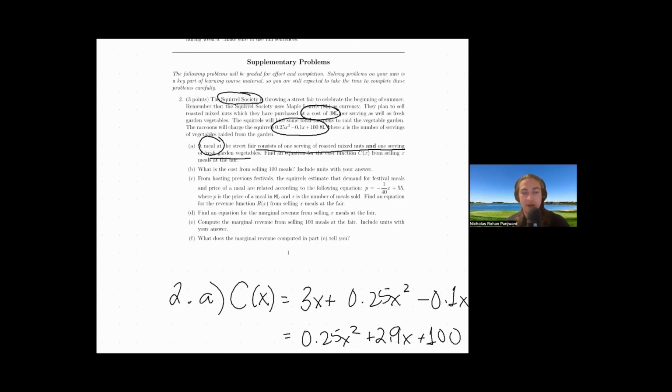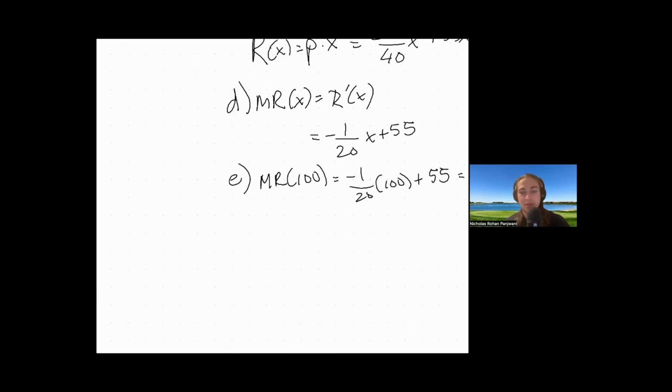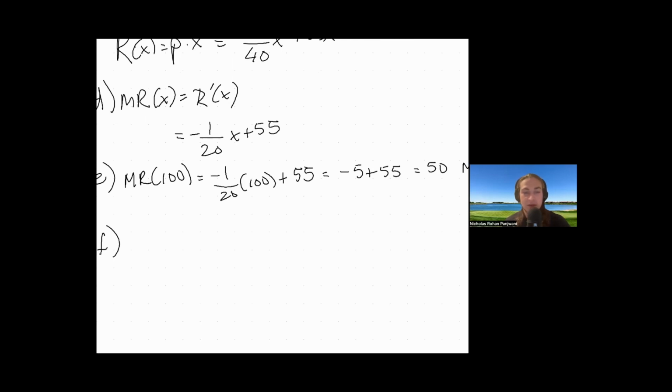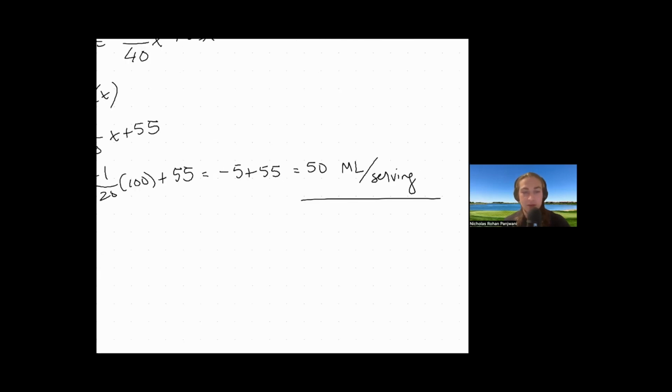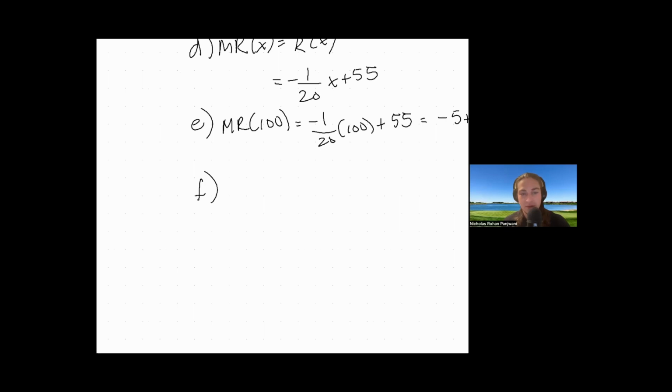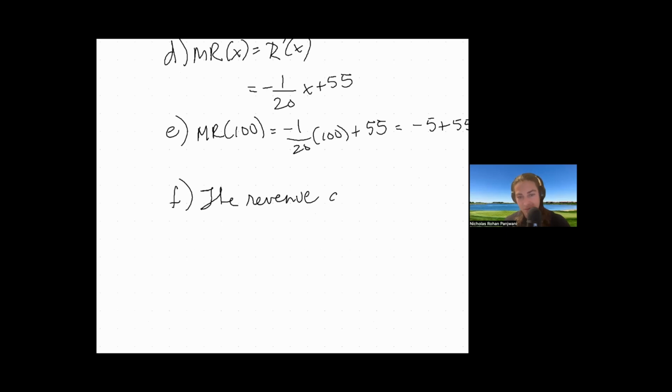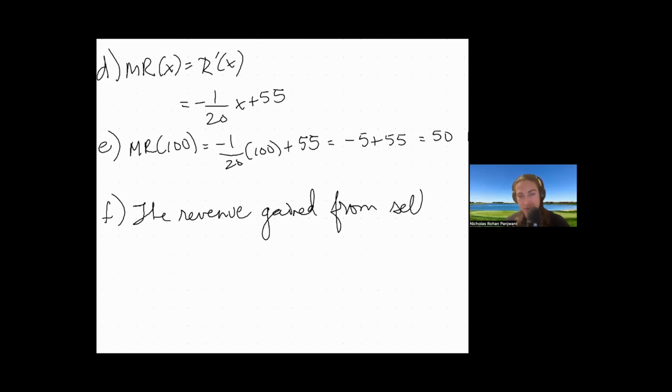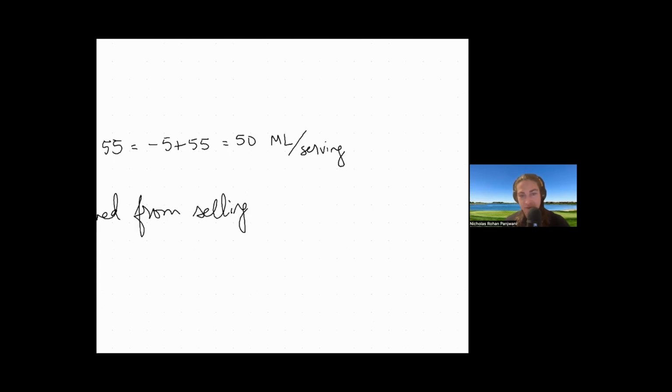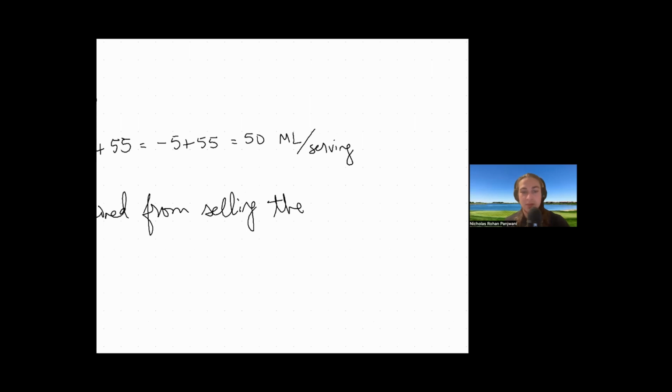And F is just telling us to put this into context. That means the revenue gained from selling the 51st meal.